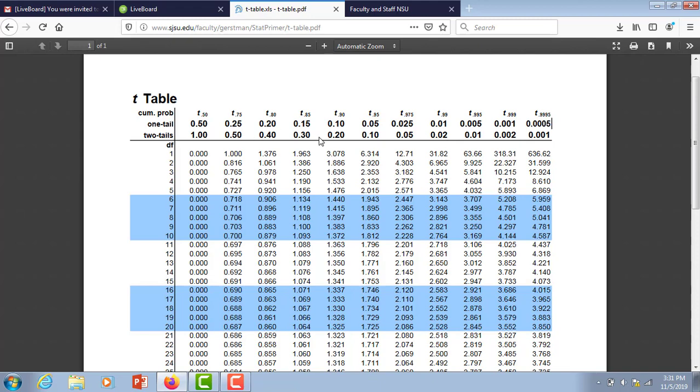And since we are indeed going with an alpha level of 0.05, this is going to be the specific column that we elect to utilize. So we just took two pieces of information, the two-tailed test information as well as the alpha level, and used that to identify the column.